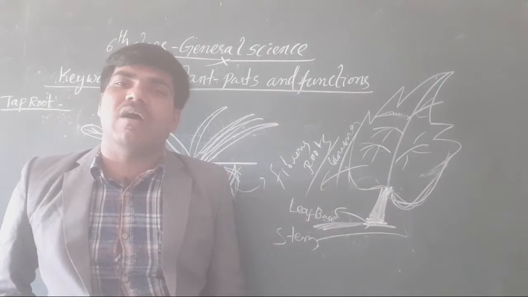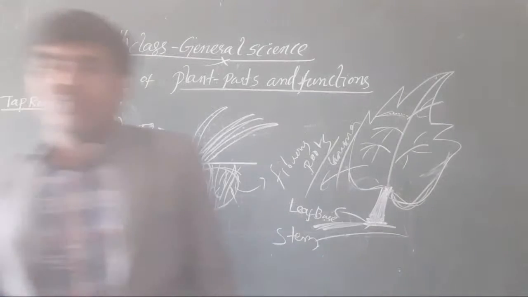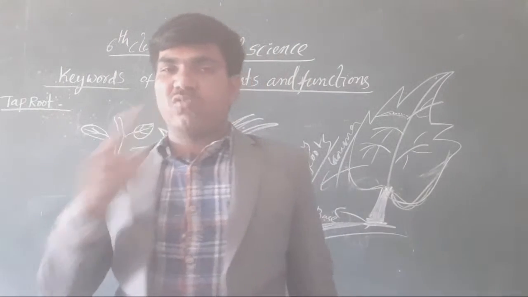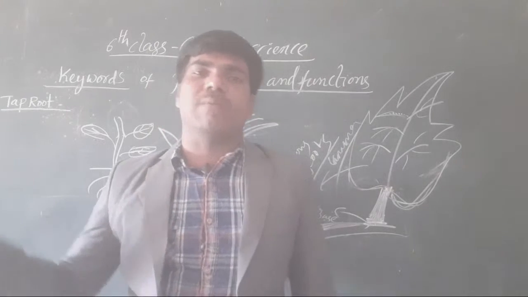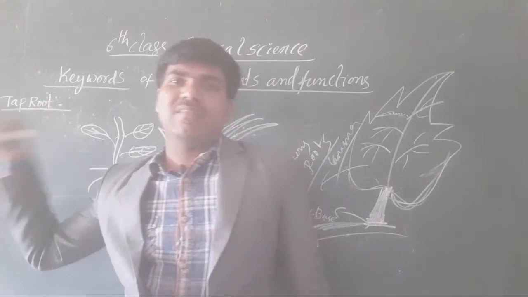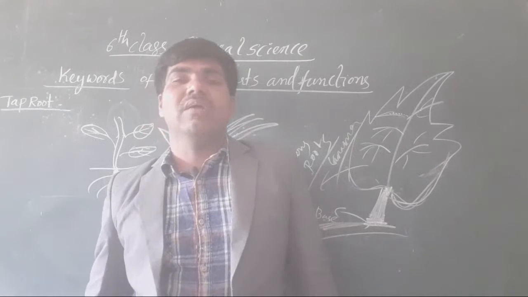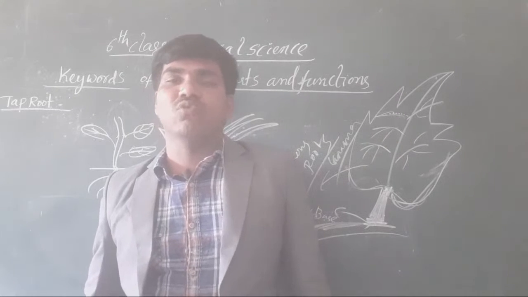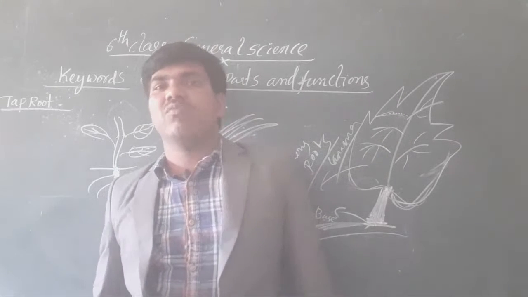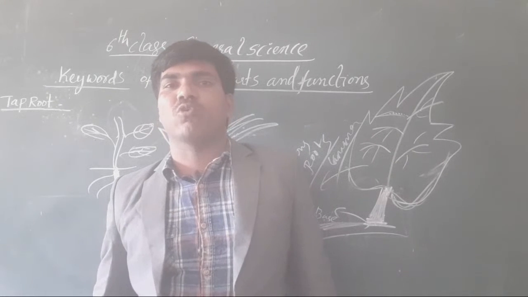In the leaf, like our nose, one part is there that is used for breathing the air in the atmosphere. That is called stomata. By using this, our leaf is breathing the air in the atmosphere. I hope you got it.